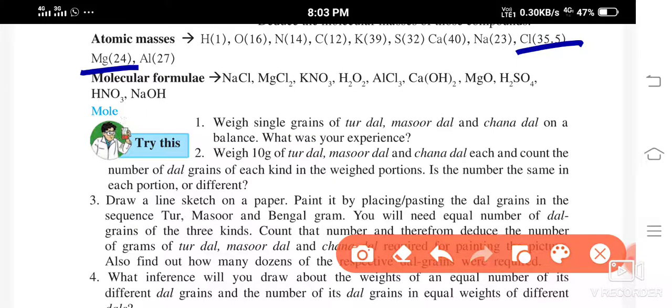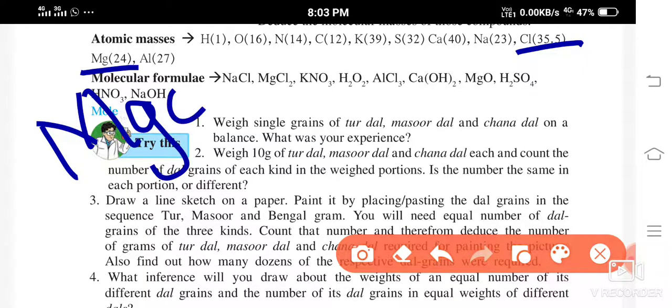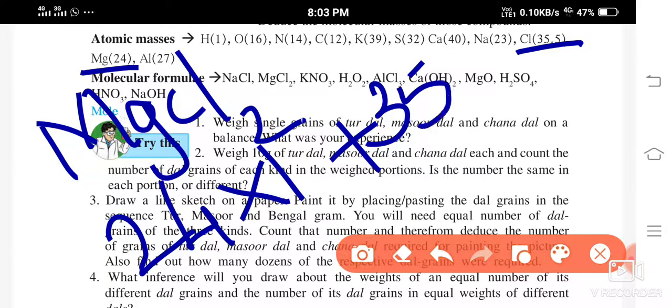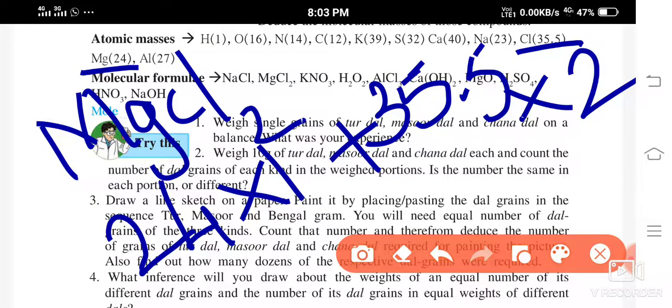So magnesium, formula MgCl2. Magnesium is 24, how many atoms? 1, plus chlorine is 35.5 into, how many atoms? Chlorine 2, right?